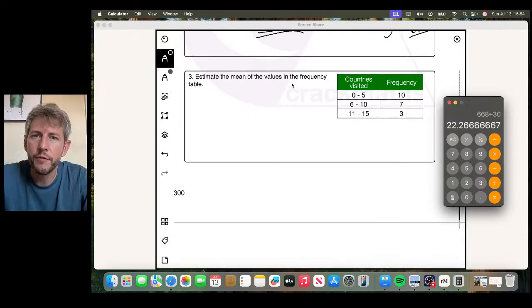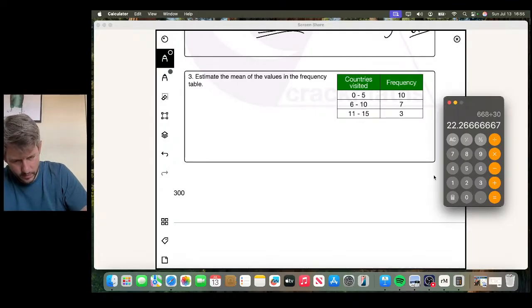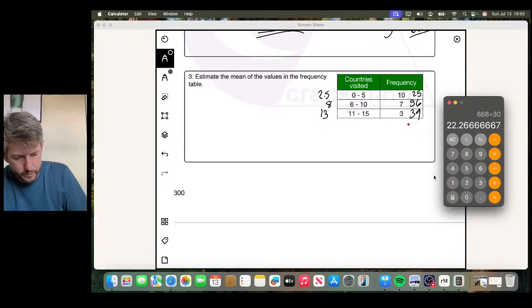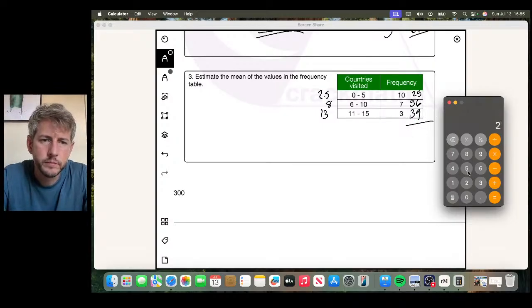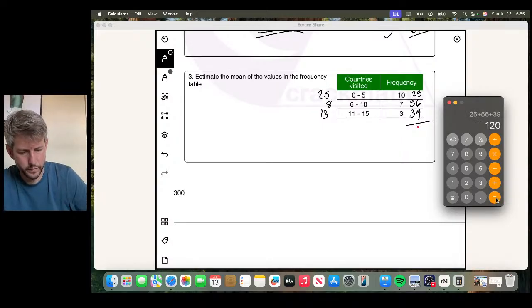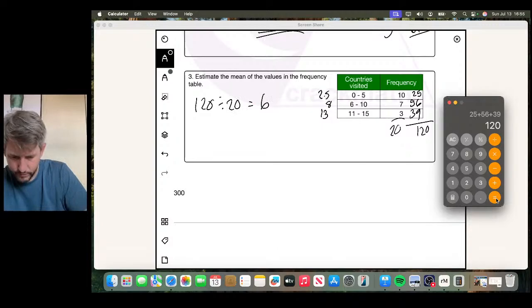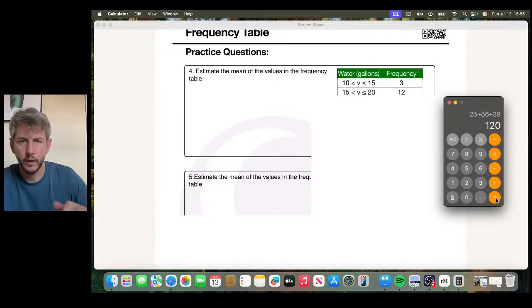Okay. Estimate the mean of the values in the frequency table. Okay, keep going with these.